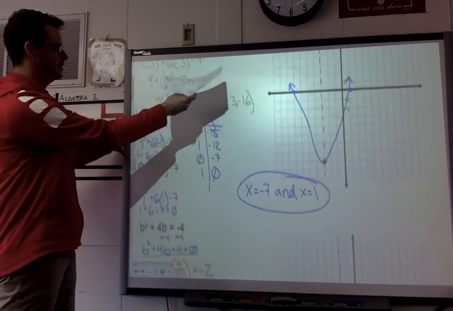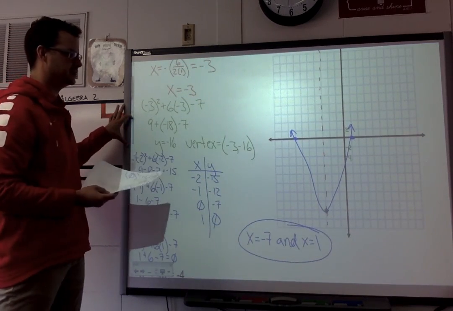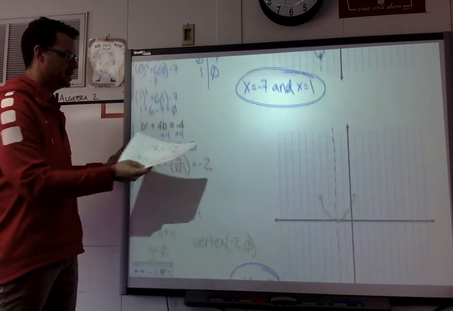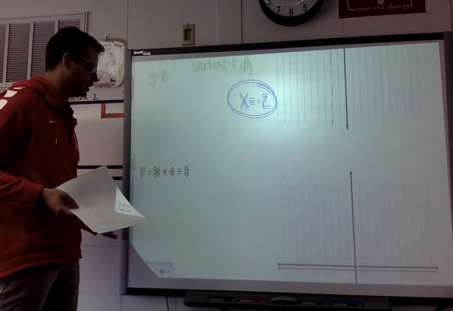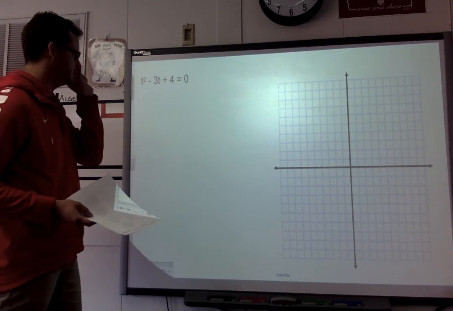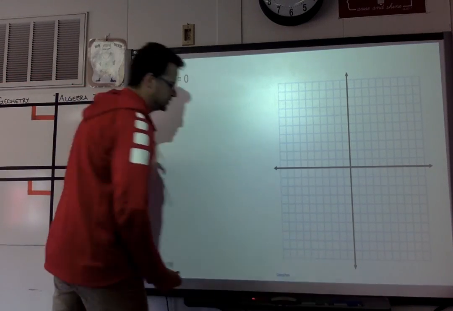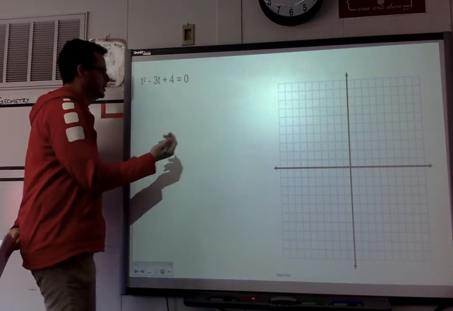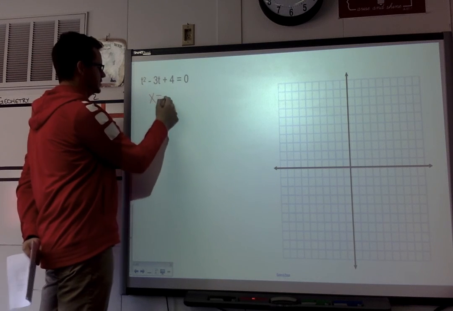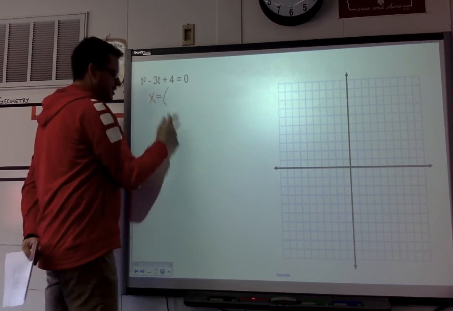So we went over a normal one of finding those x-intercepts. We went over a double root. Now this one is going to be another special situation that we can run into. Now here, same thing. Start with axis of symmetry.